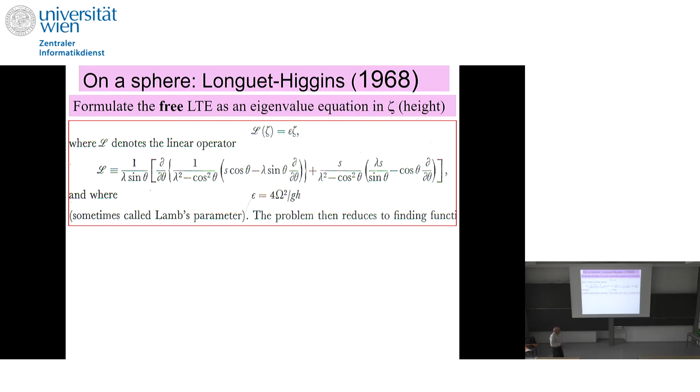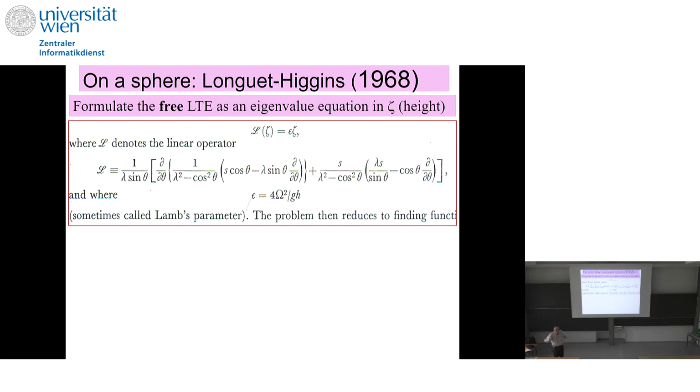We want to know the functional dependence of lambda on S. But you cannot solve this equation without specifying lambda and S, from which you determine this parameter, which for us is a parameter. You don't have to evaluate it, okay? So it's an eigenvalue problem, but I would say it's the wrong one.